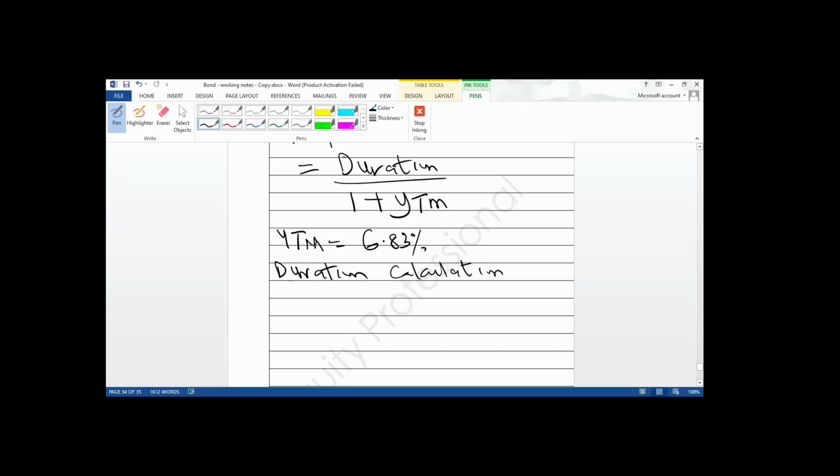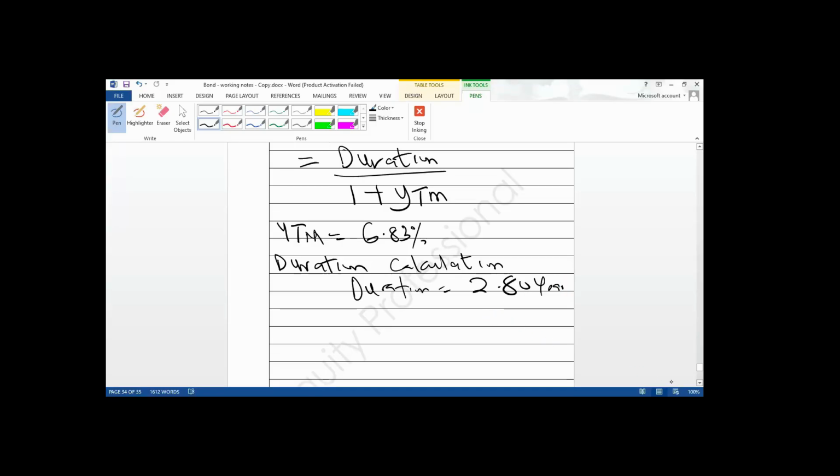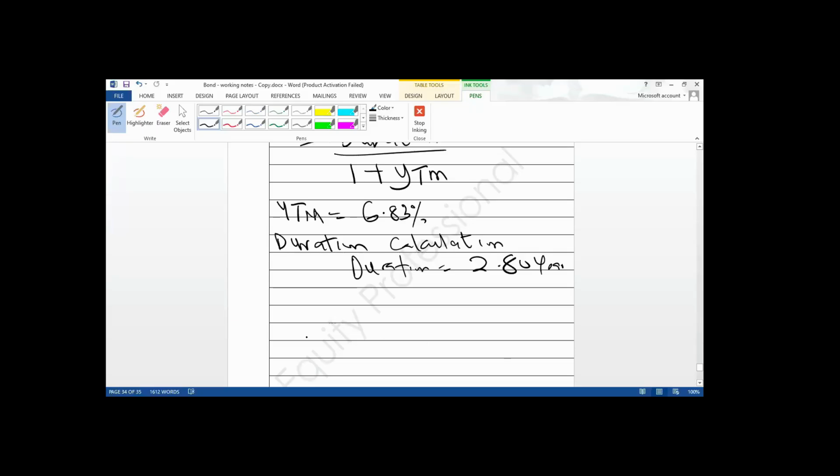The answer you are going to get, let me tell you, is a duration of 2.80 when you compute. When you get your duration, you can now calculate modified duration.